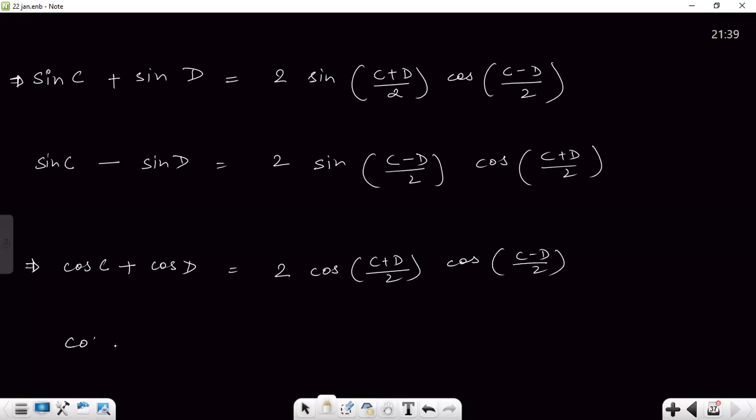And when we talk about cos C minus cos D, then there is a minus sign and everything will be in sine. Here C is greater than D.